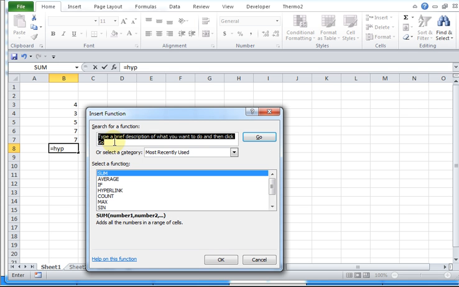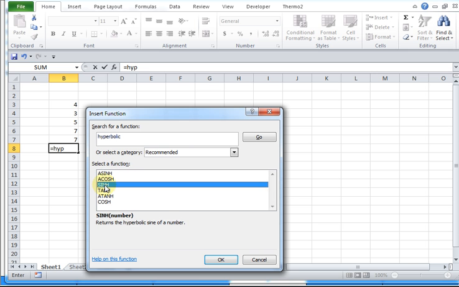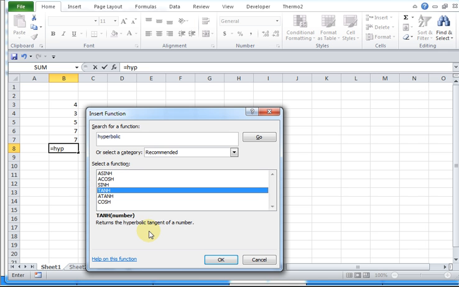It says hyperbolic something. I want it the hyperbolic. Oh, hey, we can do that. A sinh, that's a what is it? Arc sinh, the inverse hyperbolic sine. Sinh, I can do the hyperbolic tangent of a number. So there's a lot of built-in help, and that insert function key will help you find those things.